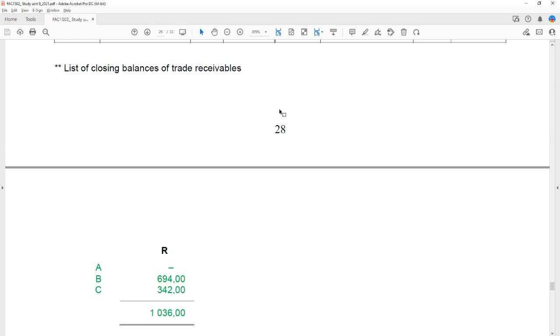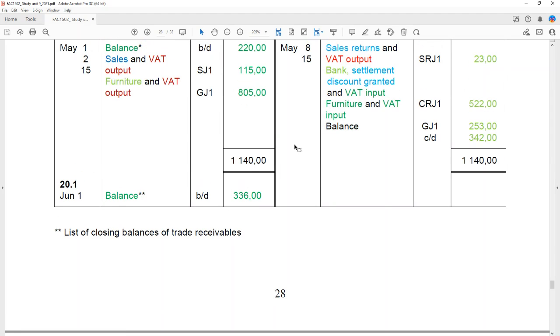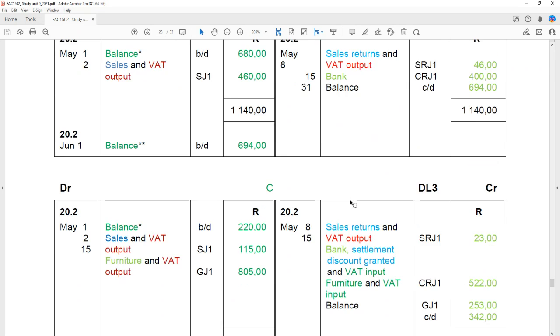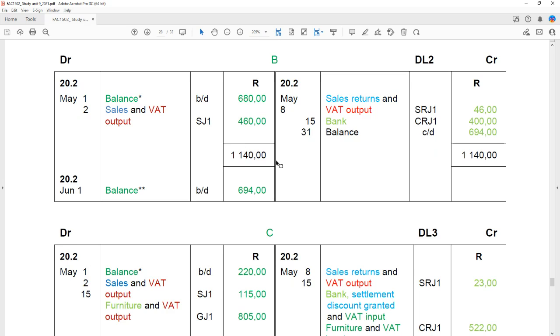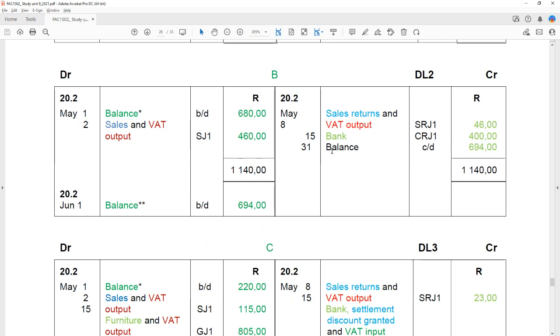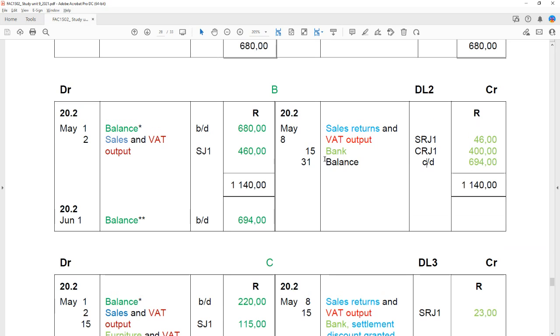Just to go back here, let's use one where we can see it clearly. When you balance at the end of the month, it's going to be carried down. The CD stands for carried down. The BD is brought down. So when you start at the beginning of the month, you're bringing it down, because if we look here on the 1st of June, I brought it down from this side.